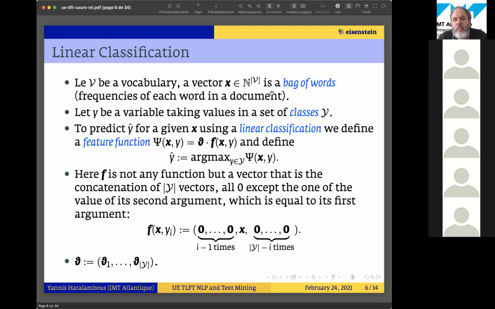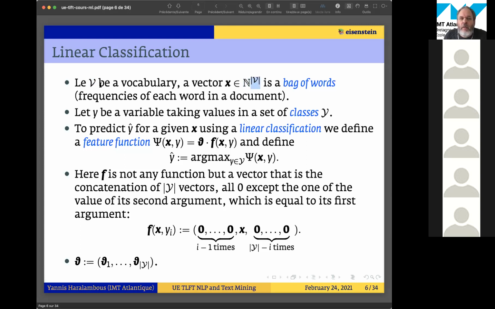We will take the example of a bag of words. So what is a bag of words? If V is a vocabulary, so a vocabulary is a set of words, a vector of N to the power V. So what do we mean by that?